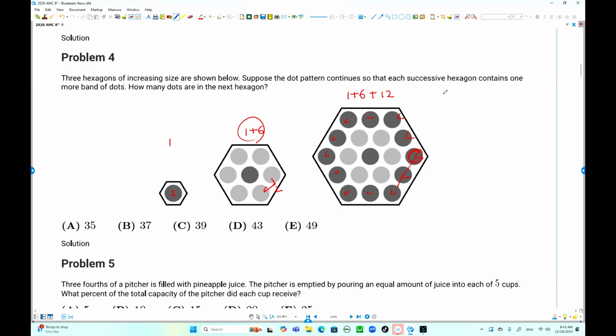The next one will be 1 plus 6 plus 12 plus 18. That's right, another 6 more. Okay, from here, another plus 6 is gonna be 18. Okay, the next hexagon is this one, right? This is 37. Okay, that's the answer.